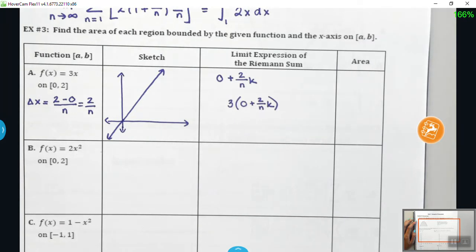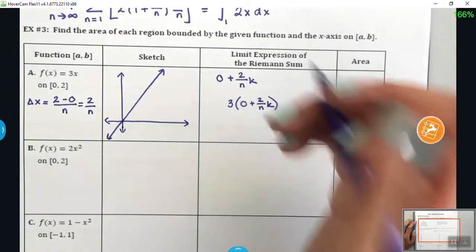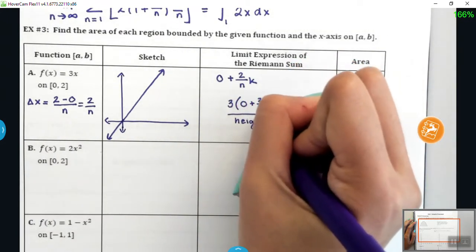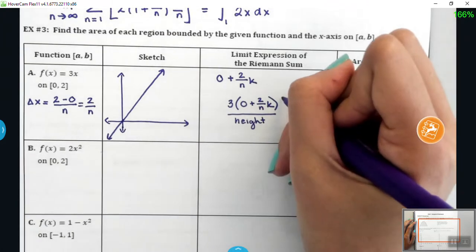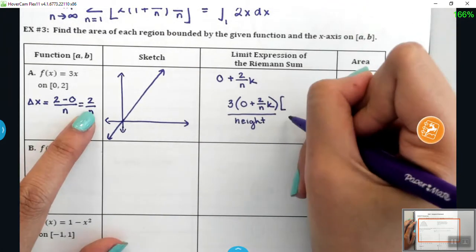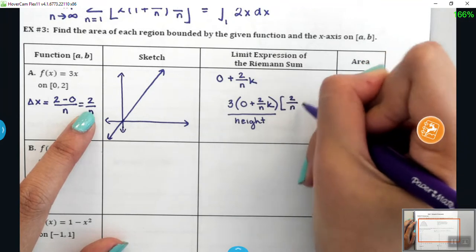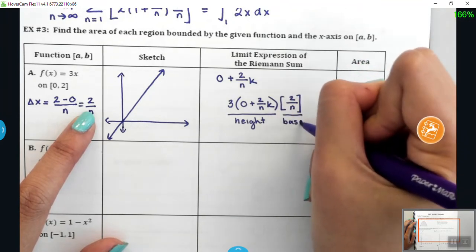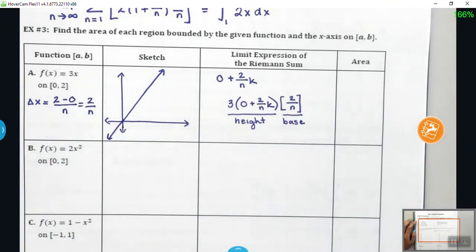Okay, and then to find area, we multiply my height, so this is my height, times my base. That's how you find area, you multiply base times height.